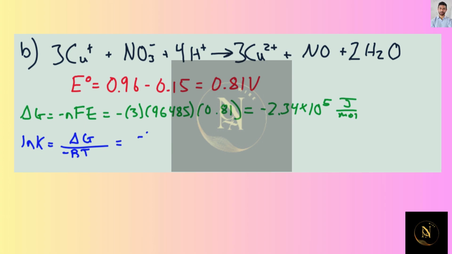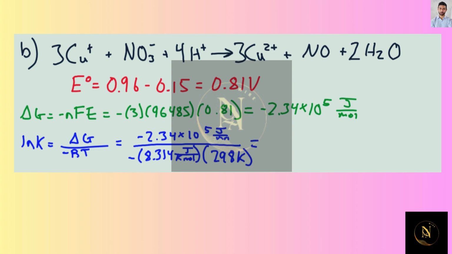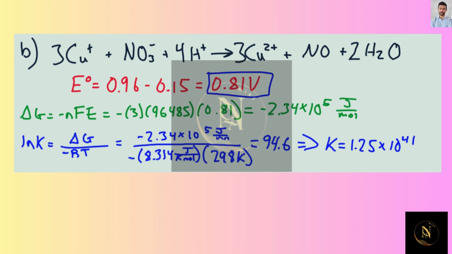So this is equal to negative 2.34 times 10 to the 5th joules per mole over negative 8.314 joules per Kelvin mole and 298 Kelvin, which is the temperature we're given in the problem. This gives a value of 94.6, and when we solve for K, we get 1.25 times 10 to the 41. Very, very large value.